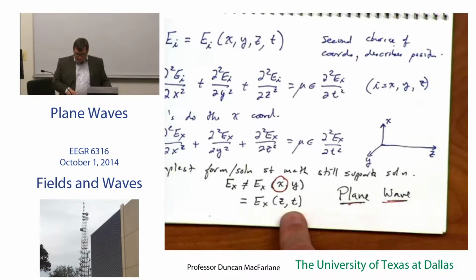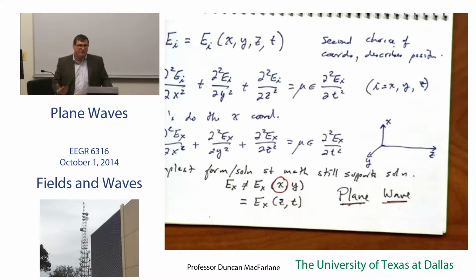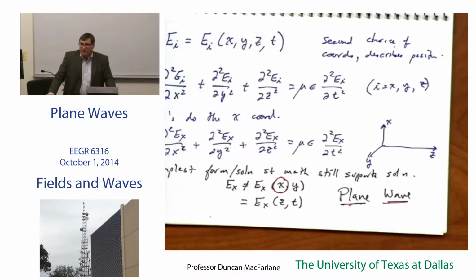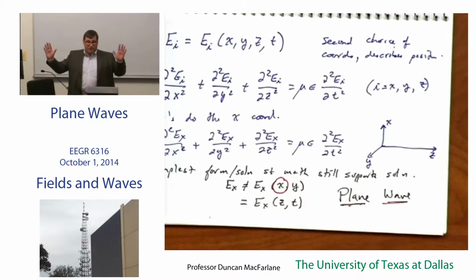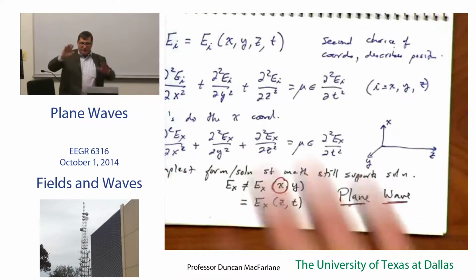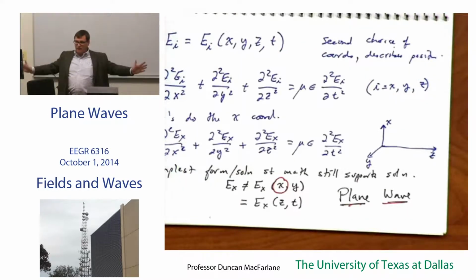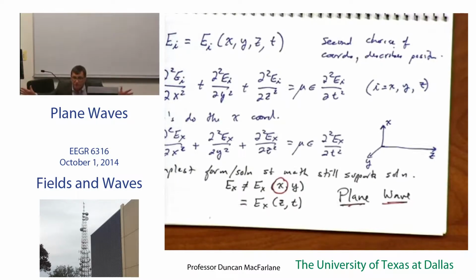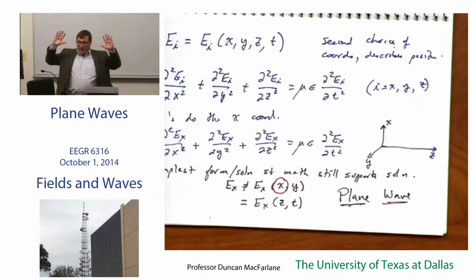So we picked this guy here, and I interpreted that as a plane wave. Now, I know you've all been exposed to plane waves, but I did want to emphasize again, when I say that this is not a function of x and y, what I'm saying is, if z is in that direction, then this is the xy plane, and if I scooch a little bit over here, or scooch a lot over here, or scooch way down, or scooch way up, at any instant of time in z, the volts per meter doesn't change.